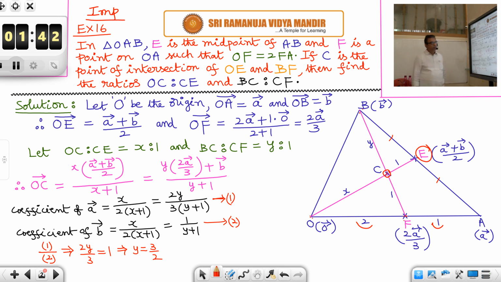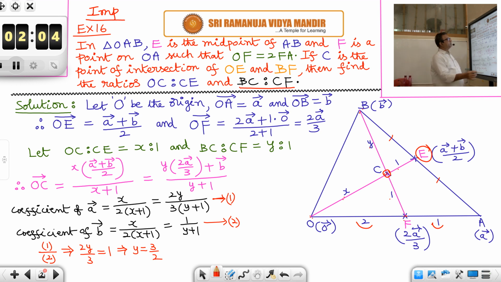These two ratios we have to find out. So OC is to CE, let it be X is to 1. I have already written in the diagram. Similarly, the second ratio, BC is to CF, let it be Y is to 1. That means we have to find the two numbers X and Y.